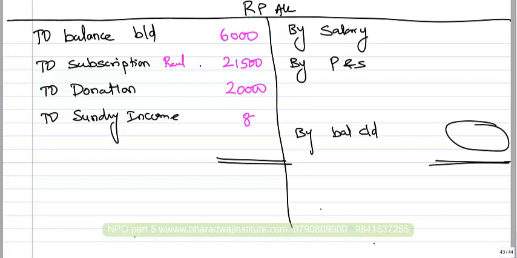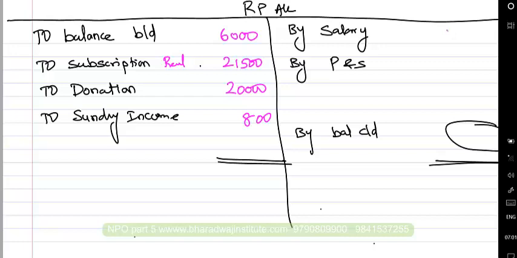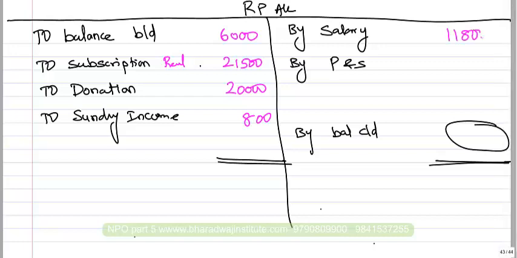Sundry incomes received, 800. Salary paid. Printing and stationery paid. Then closing balance, 33,300.